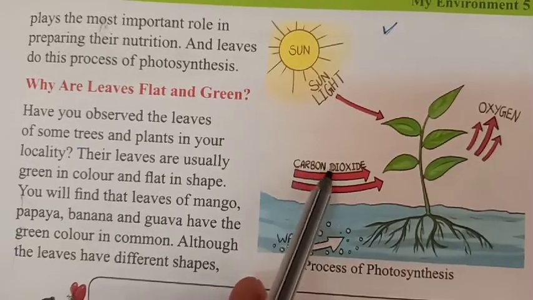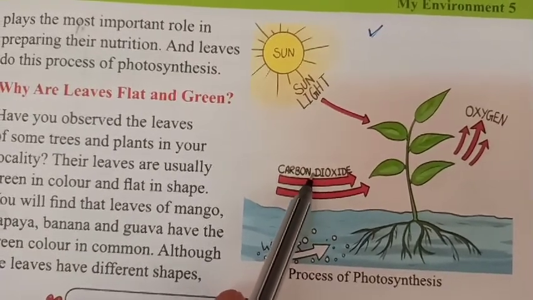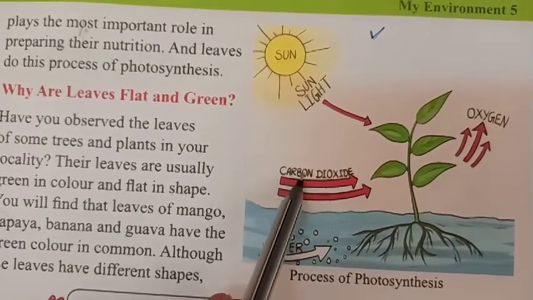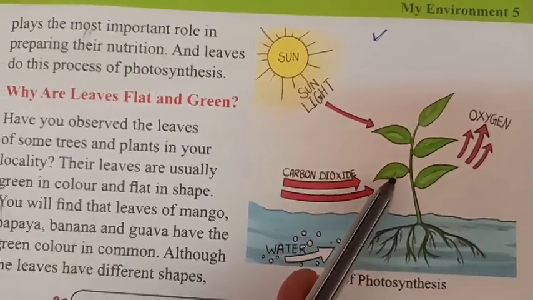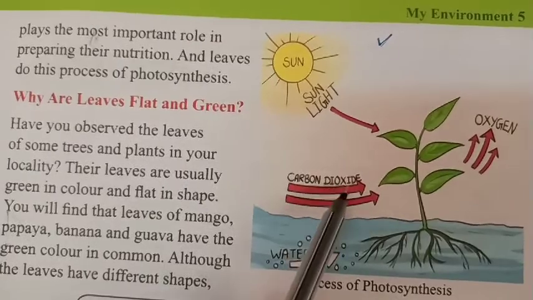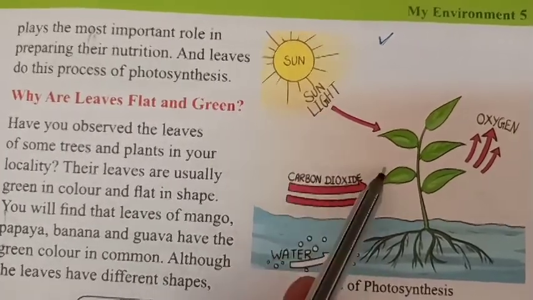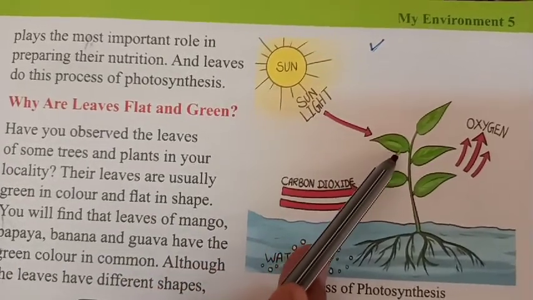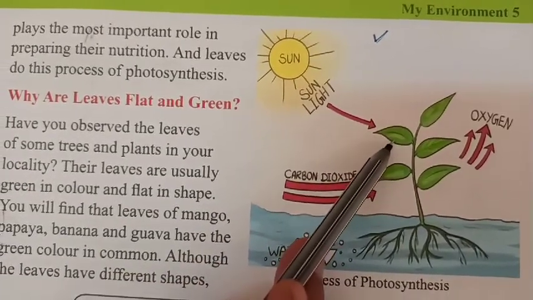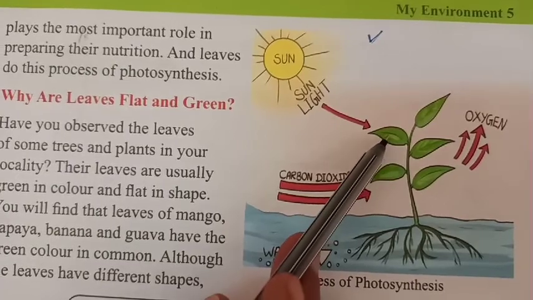Okay, carbon dioxide is a gas which is present in the air, and it goes through the stomata in the leaves. Okay, and they also absorb sunlight with the help of the green color pigment, that is chlorophyll.